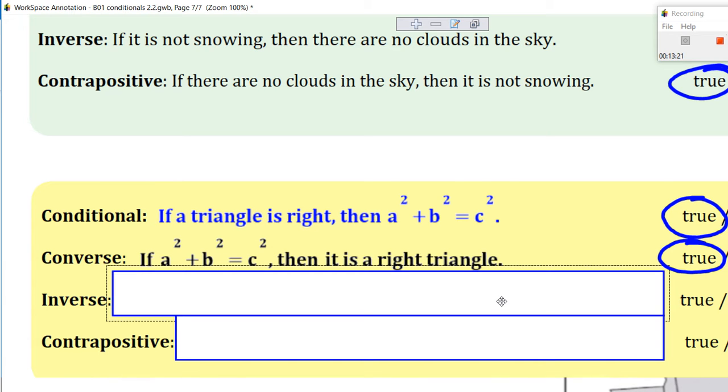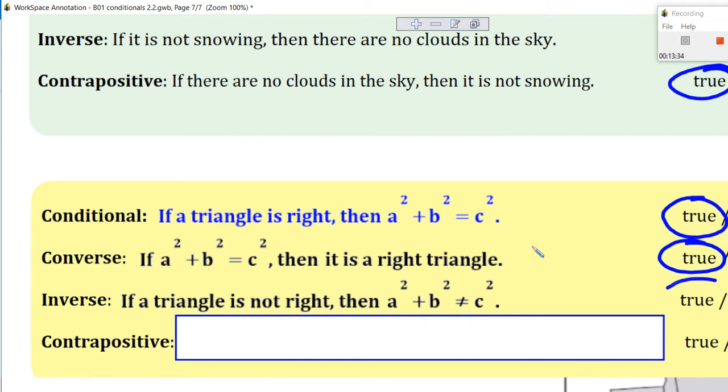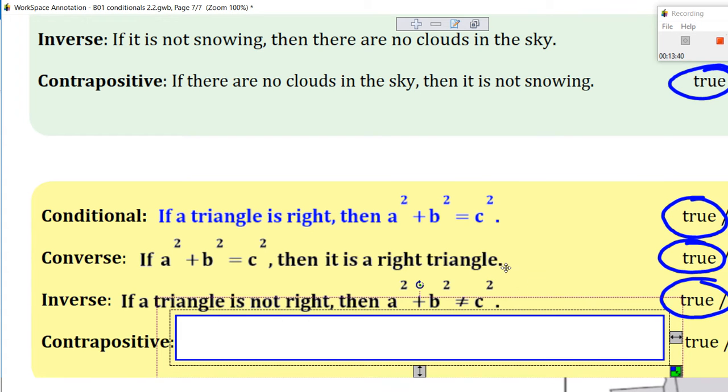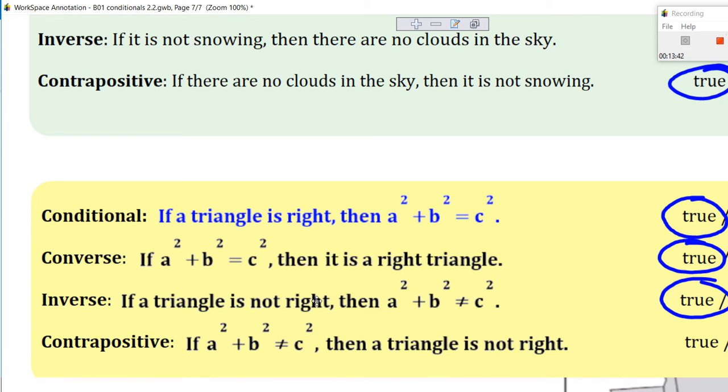So if a triangle is not right, then a squared plus b squared will not equal c squared. That's true, right? And again, we can prove a triangle is not right by using the Pythagorean theorem. If I try a squared plus b squared and it doesn't equal c squared, then I can conclude it's not a right triangle. So again, thinking back to algebra last year.